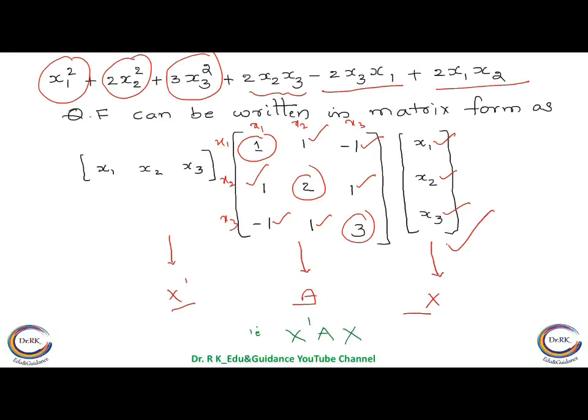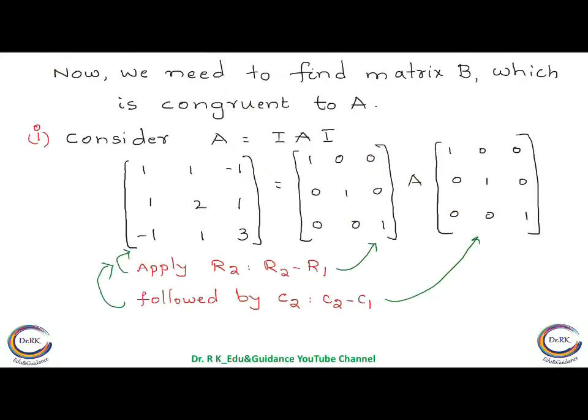Now why is the matrix A important for us? We have to use this to convert this quadratic form into canonical form, so that we can find its nature. Because the canonical form contains only square terms, that means only diagonal elements, and the rest of the elements are zeros, we need a transformation.